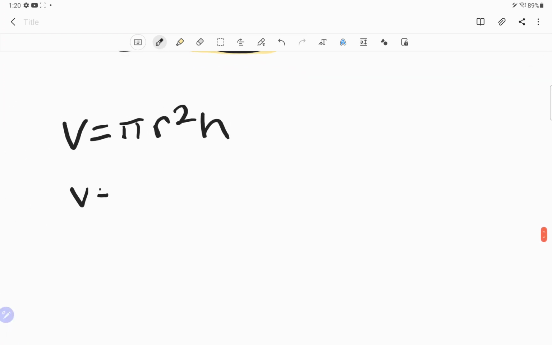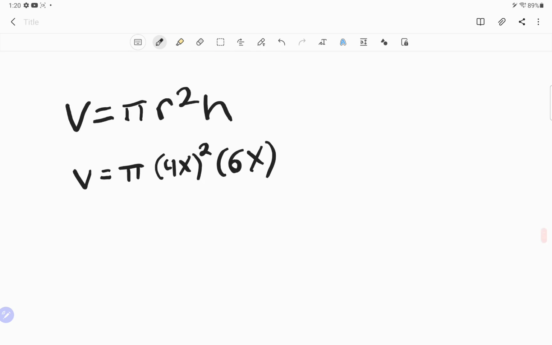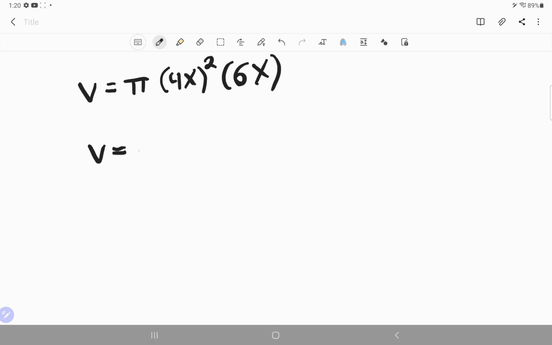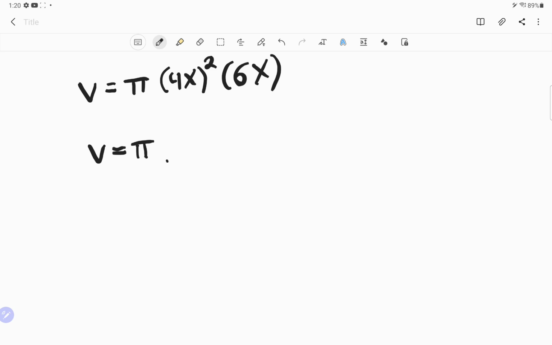I know volume is going to equal pi times 4x squared times 6x. I simplified the square. So I'm going to get pi times 16x squared times 6x.